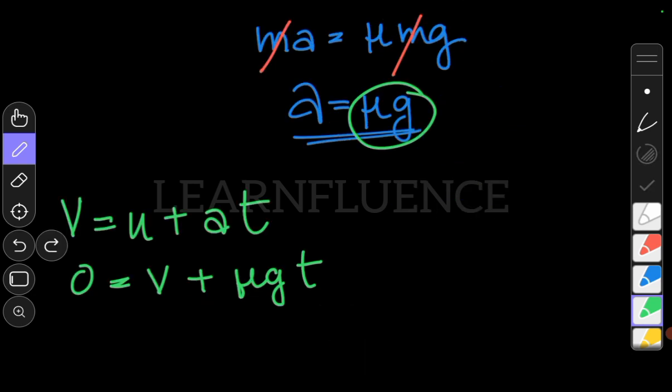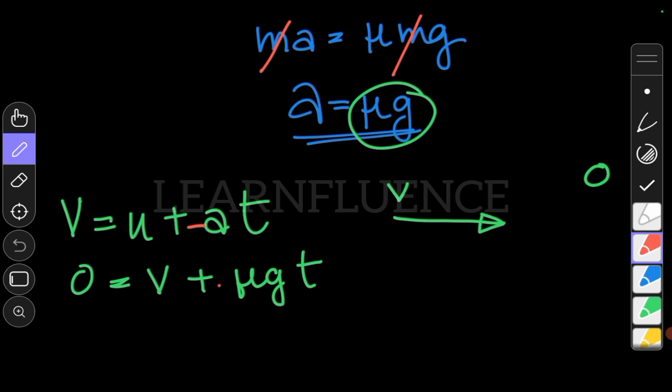The one thing you need to realize is that the body is moving this side with an initial velocity v and the body is coming to rest. This means the body is not accelerating, the body is decelerating, or undergoing retardation. So we need to give a negative symbol to the acceleration, so this acceleration is actually minus at in this equation.